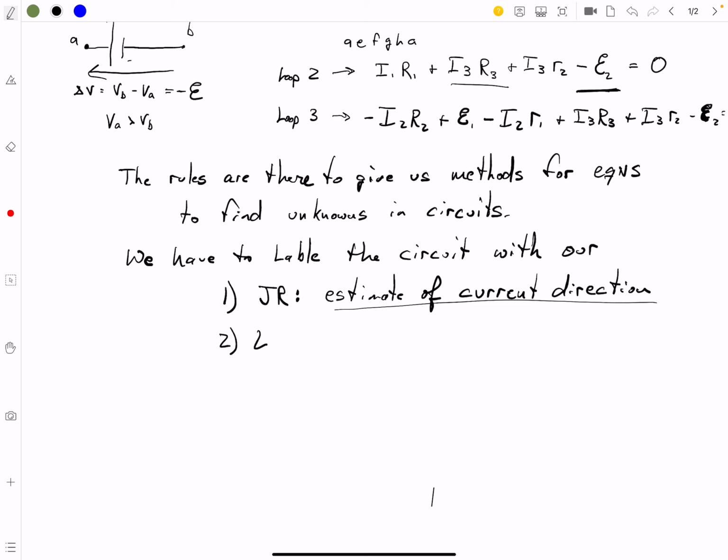And then the second thing, for the loop rule, we have to label the circuit with our direction of loop. Okay, what does that mean?